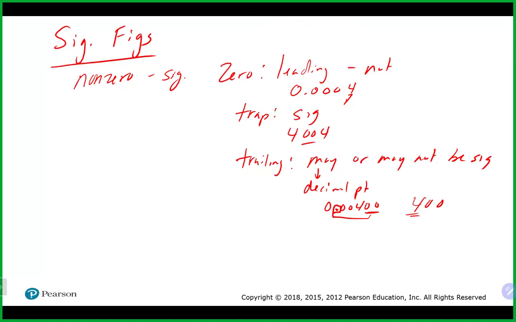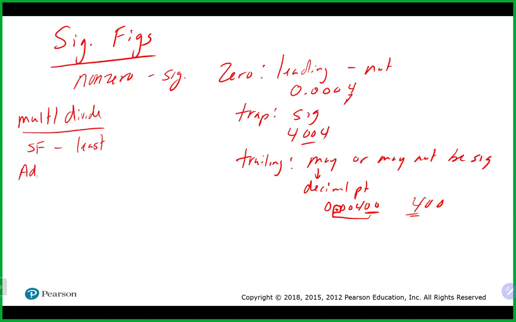We also talked about calculations with significant figures, I think. Remember, if we multiply or divide, we're looking at significant figures, and our answer should have the same number of significant figures as whichever number in the calculation has the least number of significant figures. That goes for both multiplying and dividing.